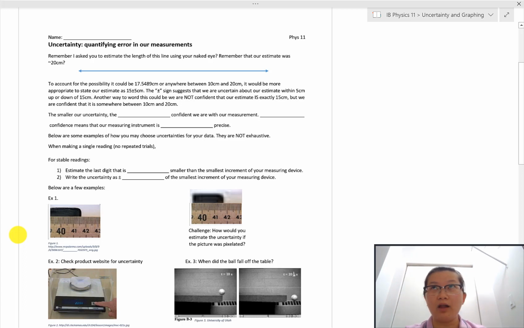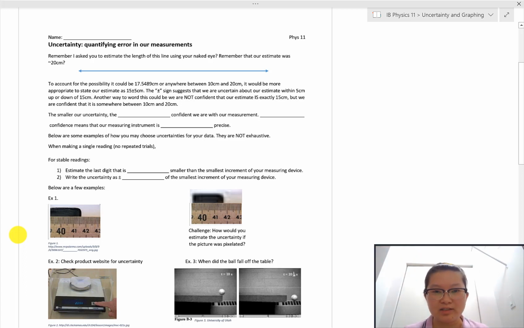So for example, if I am actually 165 centimeters and one person measures 163 centimeters and another person measures 160 centimeters, 163 centimeters is closer to the actual value, which is my height.